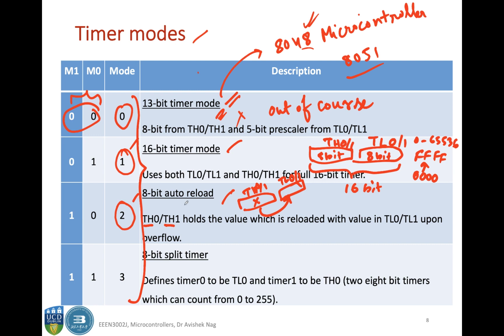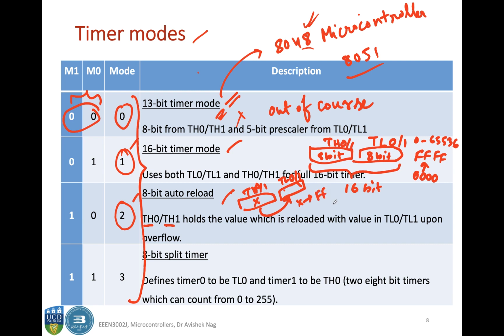In mode 2, the initial number is X. This is going here from TH to TL, and whatever X is, the timer can count from X to FF.